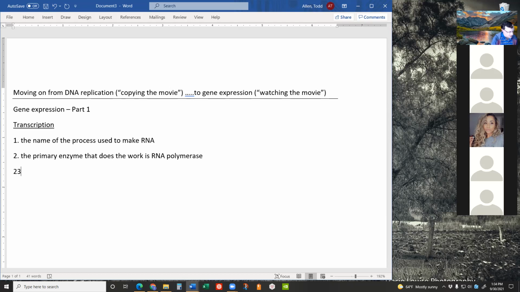Transcription as a process is graphically illustrated for you in your textbook, figure 8.7. Figure 8.7. That's a really good starting point for you.